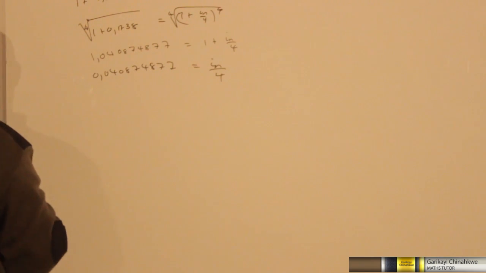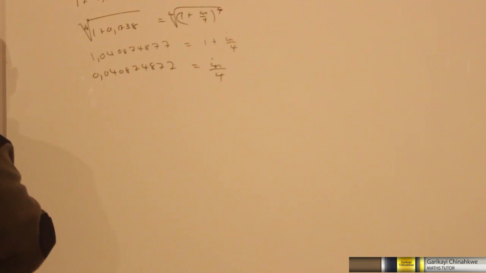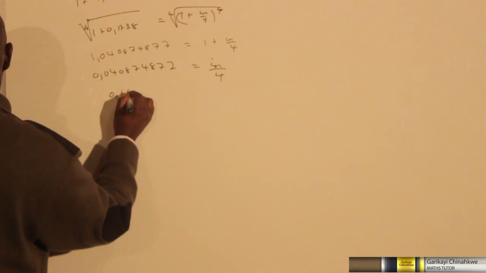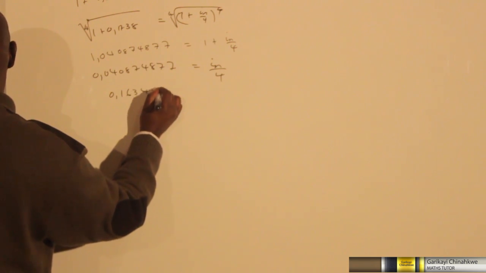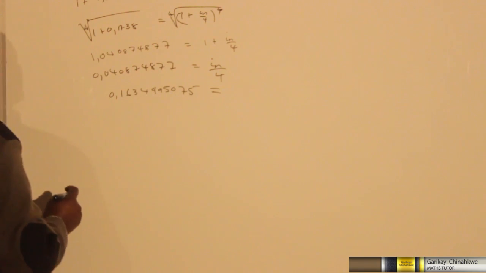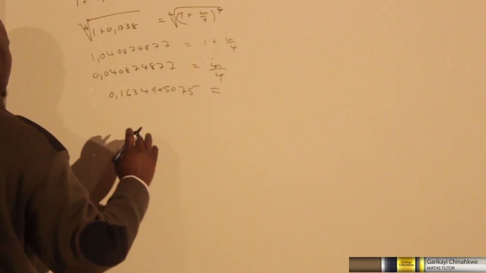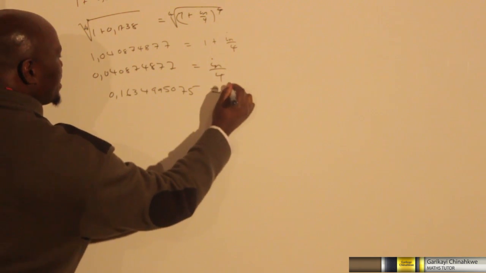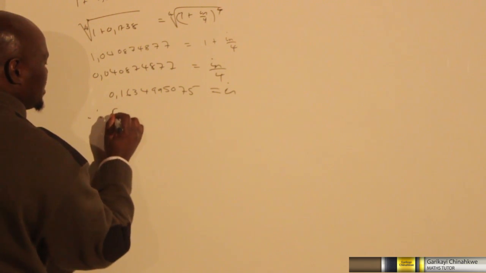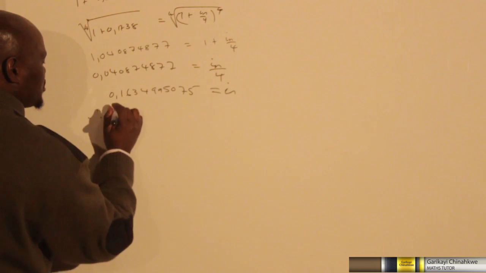You multiply by 4 and get 0.1634995075. This is i n, which is what you're looking for.